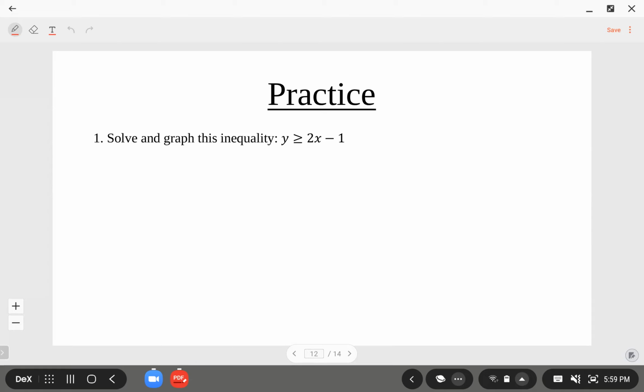Let me walk you through this one to save some time. y is greater than or equal to 2x minus 1. If it has an equal to, greater than or equal to or less than or equal to, it's going to be a solid line.